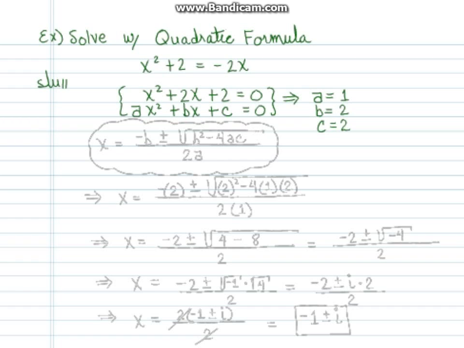Next thing you want to do is write down the quadratic formula. It's x equals a big fraction. On the top we have negative b plus or minus a big long square root of b squared minus 4 times a times c, and on the denominator 2 times a.